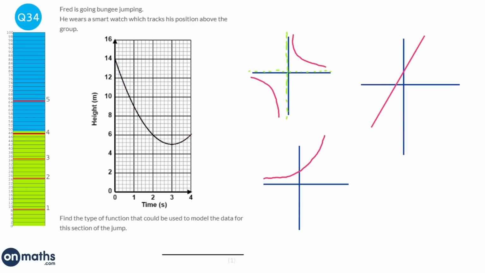So the graph that this is, or could be, is a quadratic graph, because it's a nice U shape. So if we carry this on, it could be a nice U shape. It could also be a cubic graph as well. So it could go up and then down and then up, and that's a cubic graph. But the most obvious one is a quadratic graph. So quadratic function.